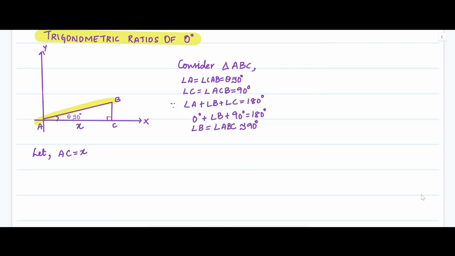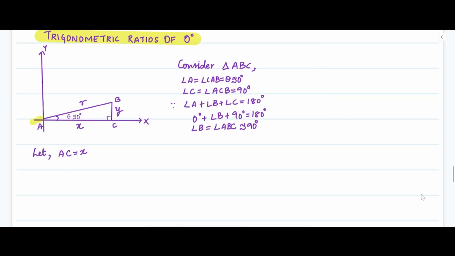A side of the triangle which is opposite to angle 90 degrees is considered as the hypotenuse side of the triangle. And let the hypotenuse side of the triangle be labeled as R. Now our side BC, let us label it as Y, because the length of BC will correspond to our Y coordinate value.